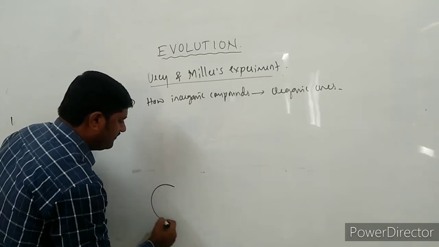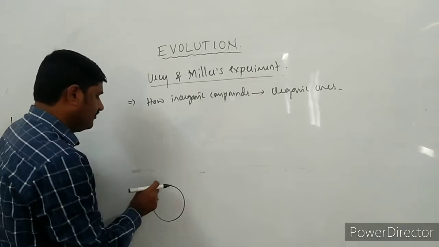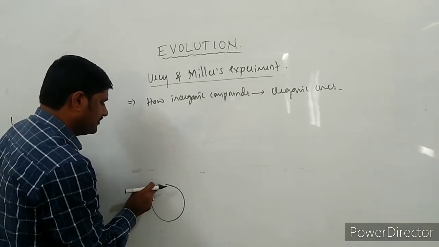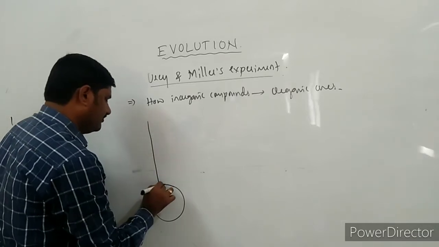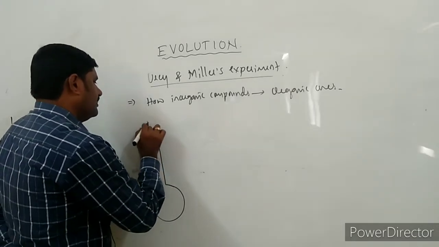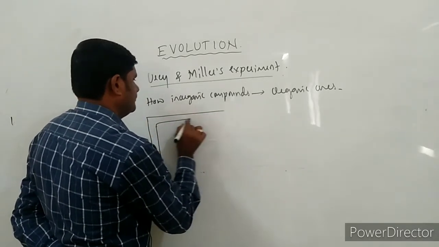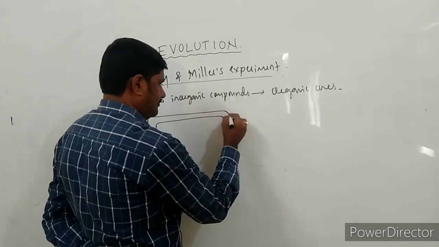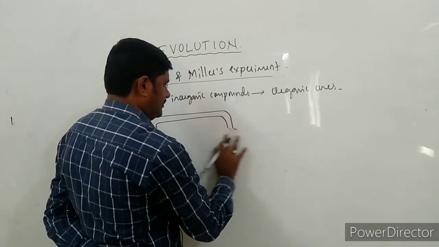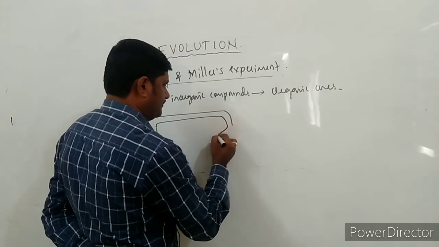It is made up of glass flasks as well as what? Glass tubes. See here, this is the flask he used, and he used another flask over here.